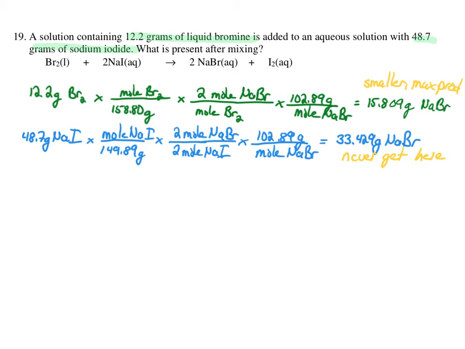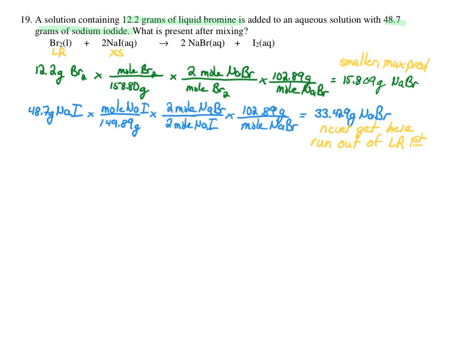For the larger product, we would run out of the limiting reagent first. So our max product is 15.8 grams of sodium bromide. The reagent that leads to the max product is our limiting reagent, which is bromine. So the excess reagent is sodium iodide.